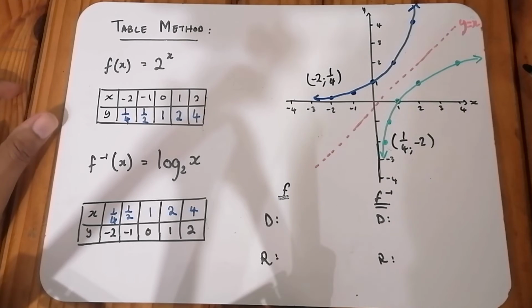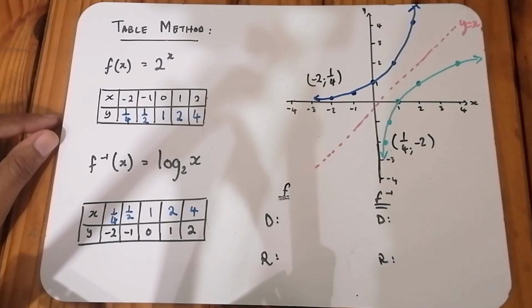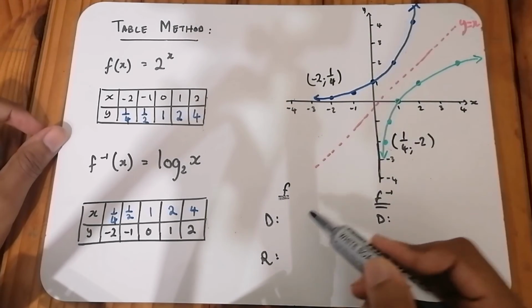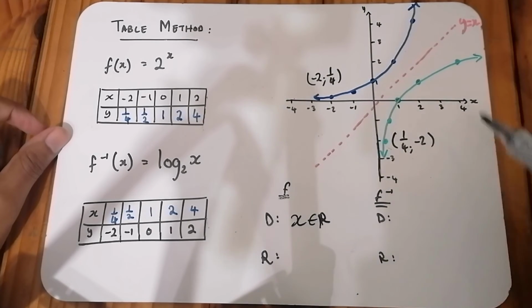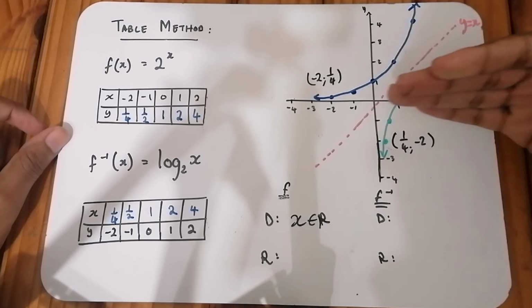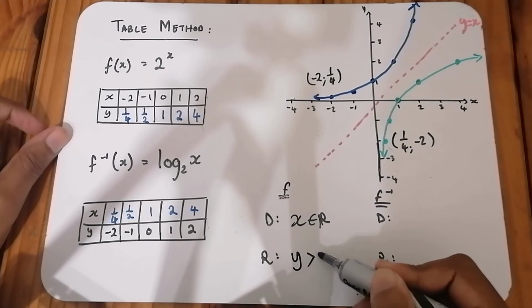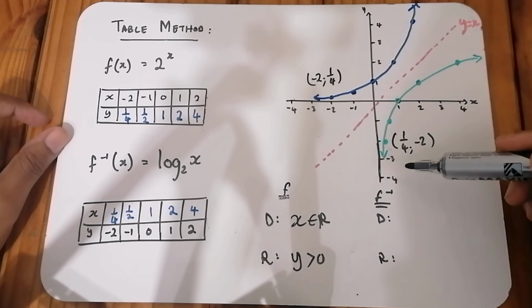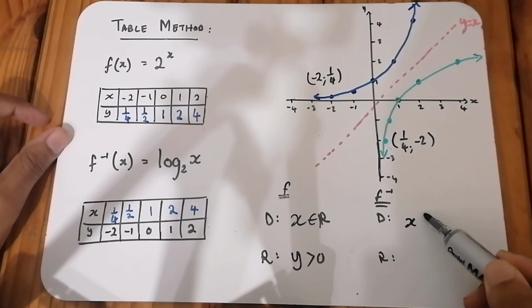Now, let's write down the domain and the range for each graph. Remember, they're just going to be like inverses of each other. So the domain for the original graph is all the x values. And the range for this graph is just the y values greater than 0. But now if you look at your inverse graph, notice the domain is only the x values greater than 0.